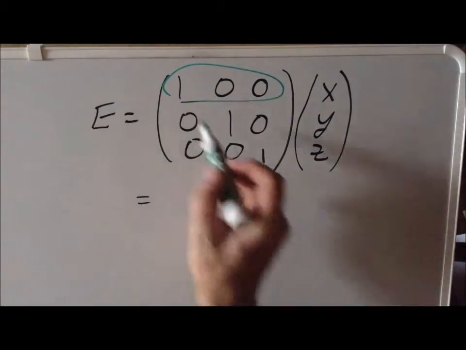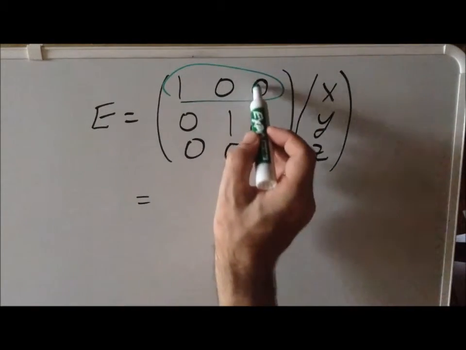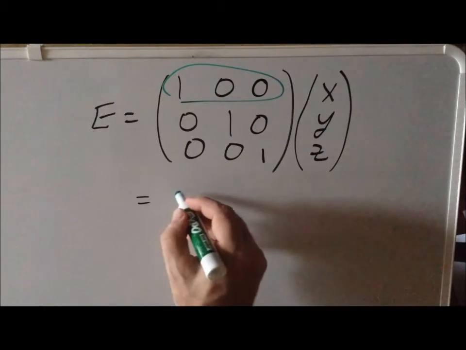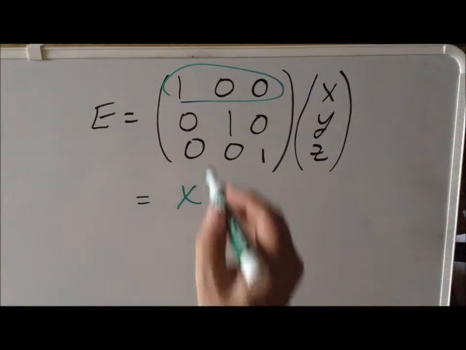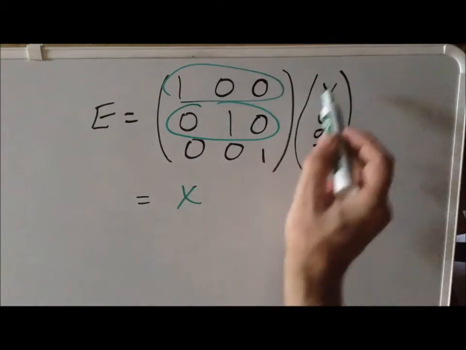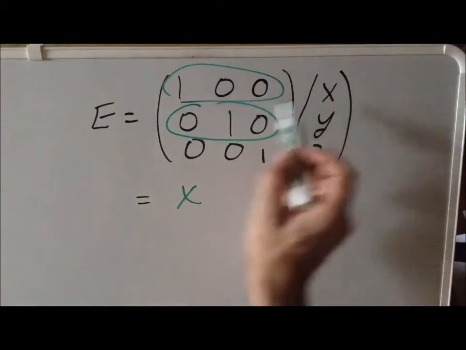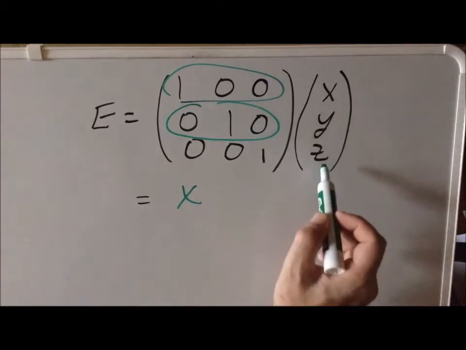So I have 1 times X plus 0 times Y plus 0 times Z, and that gives me X for the first position, first column, first row. The second row is 0, 1, 0, and we multiply that times X, Y, Z, so we have 0 times X plus 1 times Y plus 0 times Z, which gives us Y.